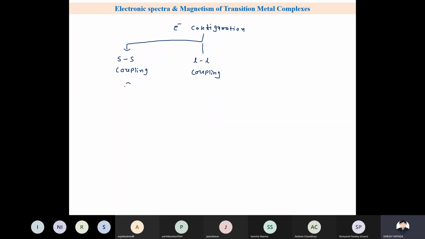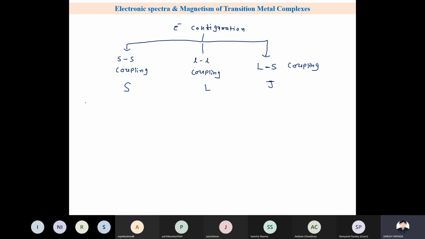The small L value coupling, LL coupling, gives you the value of capital L, the total angular momentum quantum number, and L and S coupling gives you the total quantum number J. So these three things we have to keep in mind.